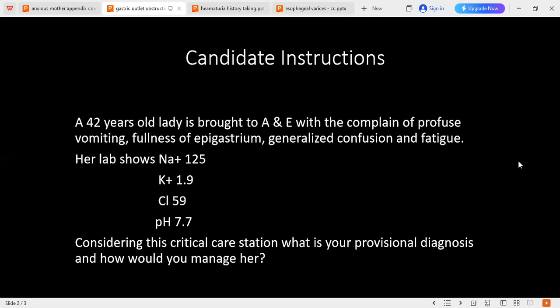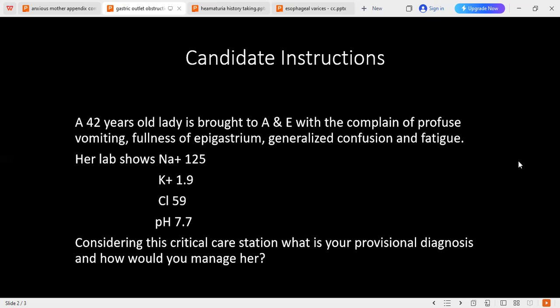Okay, good. How much should be the normal potassium level? It is 3.5 to 4.5. How would you comment on the potassium level of the patient right now? It is 1.9. It's too low. Sorry, sodium, I had to ask you.